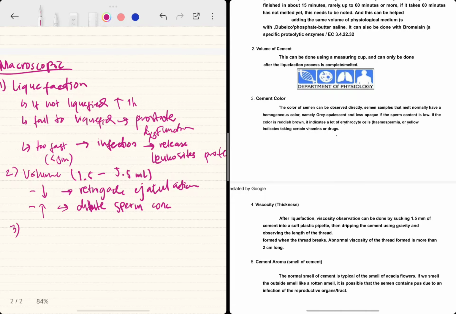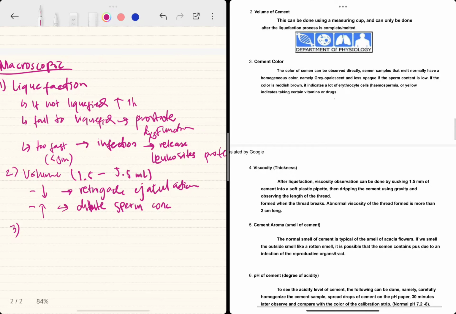Okay, let's go to the color. Usually the color is gray opalescent.